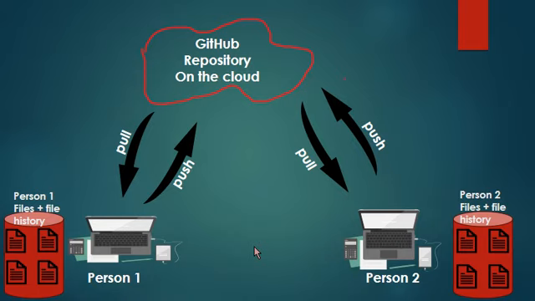By file history, you can think of the different versions that we earlier looked at. So person 2 is also going to have the different versions of the same file, which is the file history. So person 2 is going to have version 1, version 2, version 3, and all the different versions. That's what's meant by distributed.